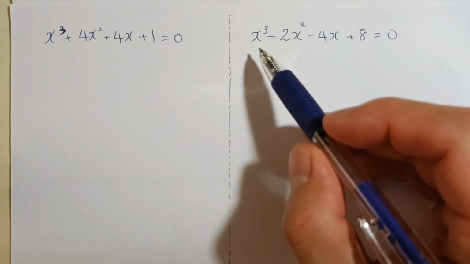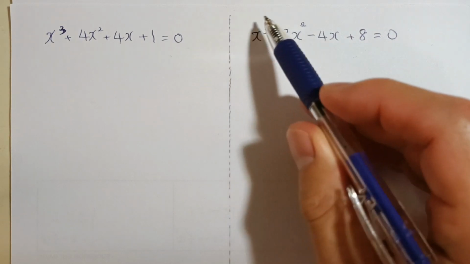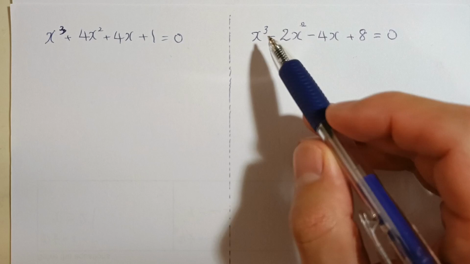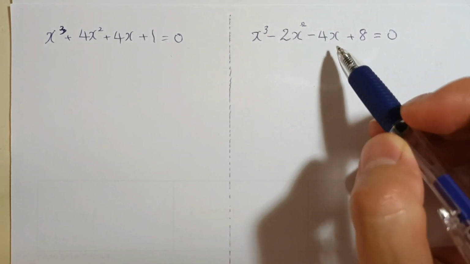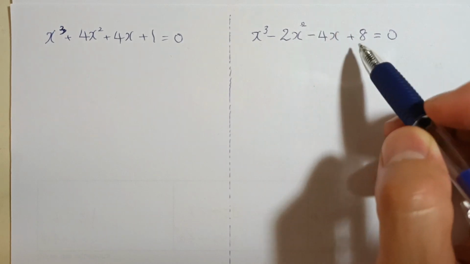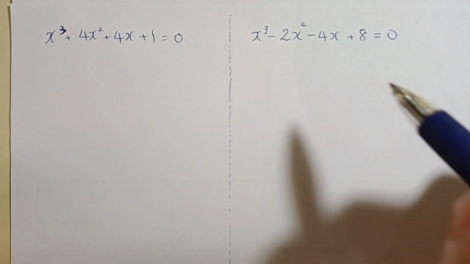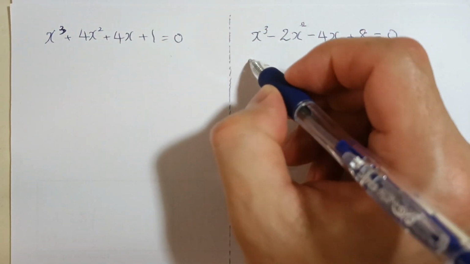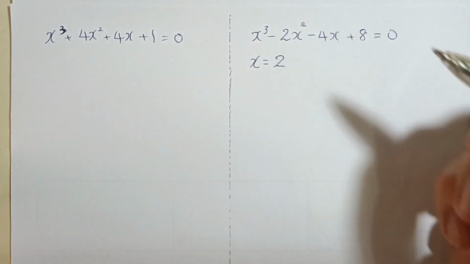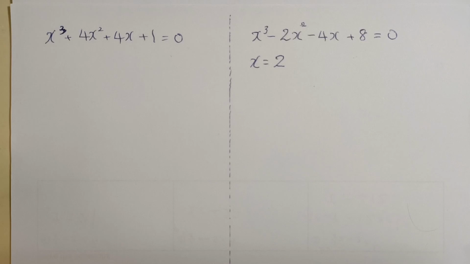Then if you put 2, this is going to be 8, and this is going to be negative 8, and they cancel each other. And then if I put 2 here, negative 2 times 4 is negative 8, and they cancel each other. So this means x equals 2 is one of the solutions, isn't it?